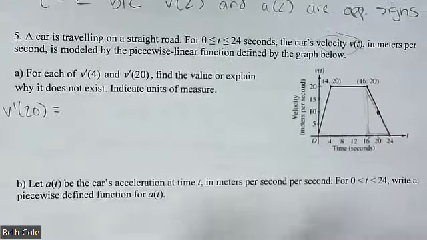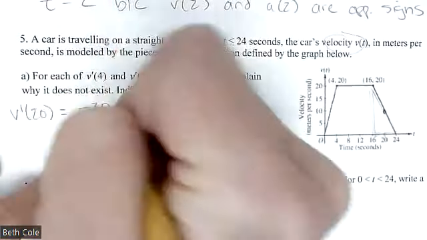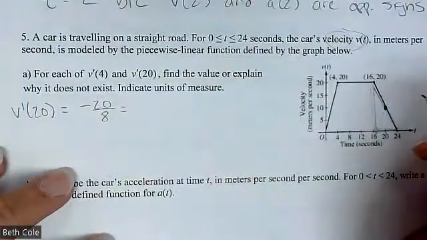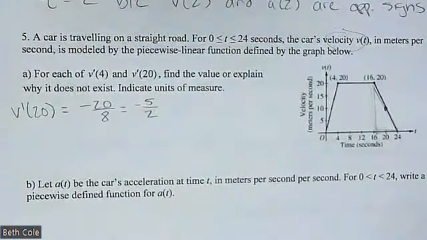So down 20 over 8. It's exactly like algebra 1. We're literally covering slope in algebra 1 right now. It's like down how much and over how much. Now that'll reduce, we'll both divide by 4. So -5 over 2.